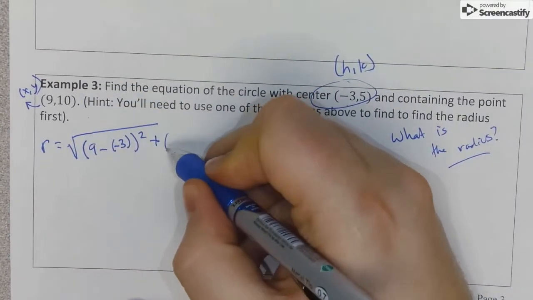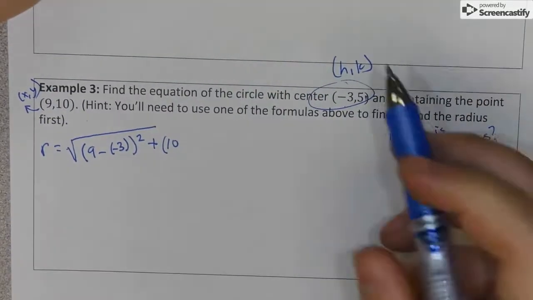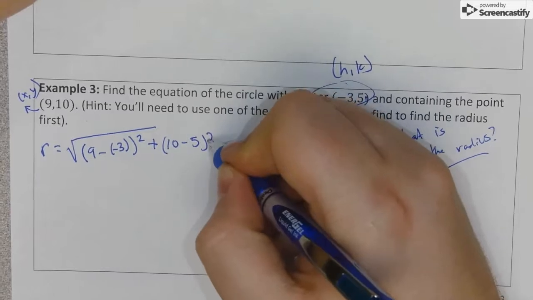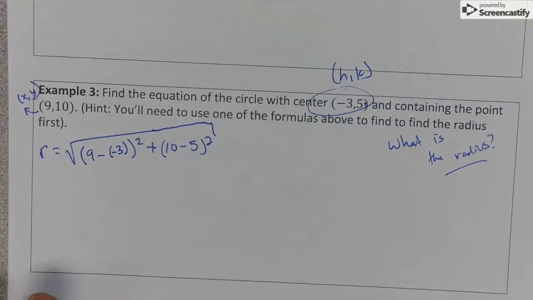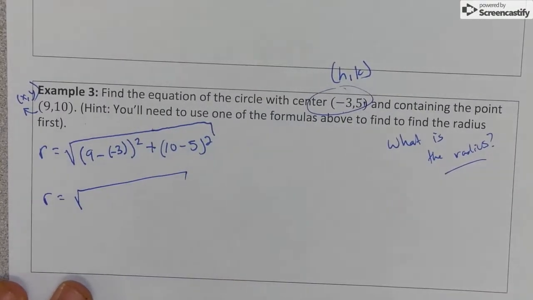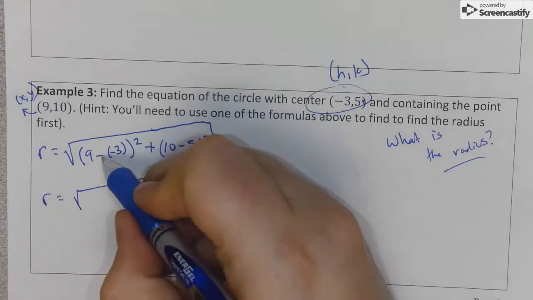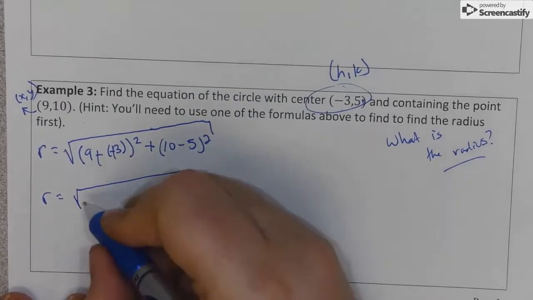y. Well, we know what y is. Y is 10 minus k. K is 5. So 10 minus 5 quantity squared. And we're going to take the square root of this. So simplifying, we have r is the square root of 9 minus -3, these negatives become pluses. So 9 minus -3 is 12.